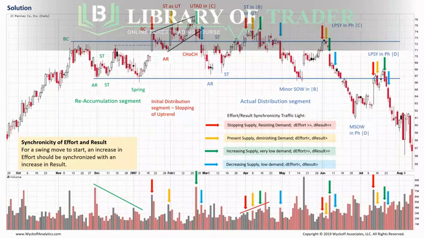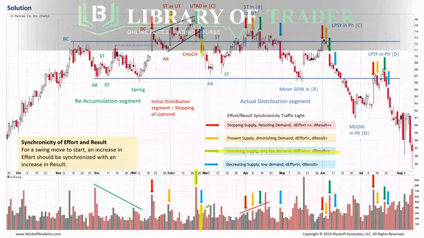And by the way, what do we have after we have that synchronicity? Ease of movement. Because once the effort increased and the result increased, after that, demand is exhausted and the price could move to the downside with less supply. So, for instance, on this bar right here, we could see how the supply signature actually diminishes relative to the synchronicity bar.